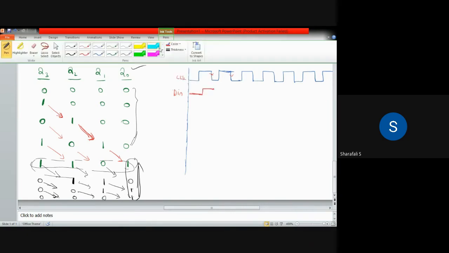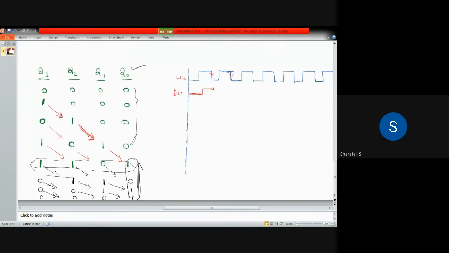I should have given you an example with the whole 1 first, then it would be much better. Here it is 0. Then again it is going to become 1, and it continues 1 for the next pulses, right? So the third one, fourth one, next one it is 0, and it is 0. So I'm considering values 1, 0, 1, 1.